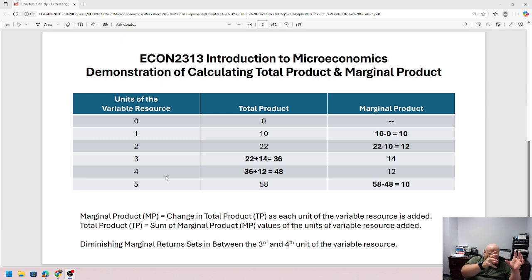Between, for example, in this case, between the third and fourth unit. Now, on the one in the textbook that you're doing for your assignment, it may be something else. It may be between the second, third, or fourth and fifth. So you'll have to use the same process that I went through here to figure out where diminishing marginal returns set in. Okay? All right.